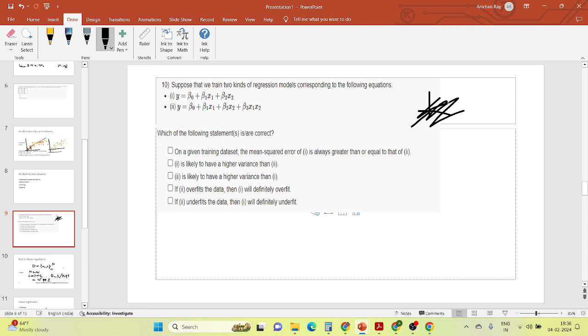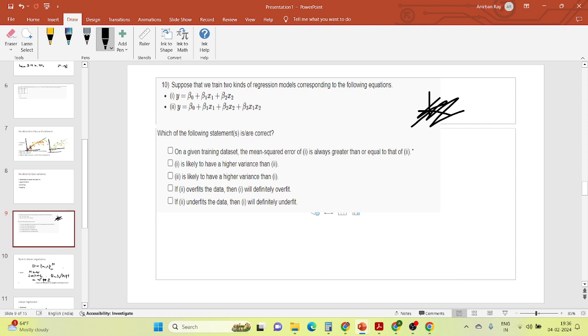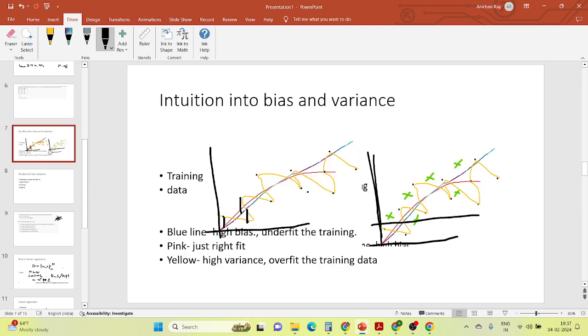In our earlier case it was a 2D diagram, so it had to be a line, but here it will be a plane. And this one, as there is an x1 x2 combination, will be a curved surface, not a plane. So it is a more complicated one, like our yellow case.